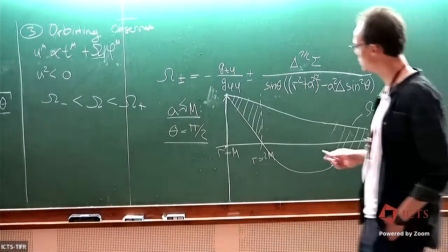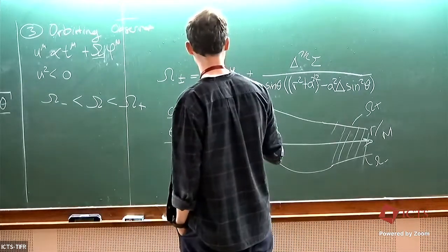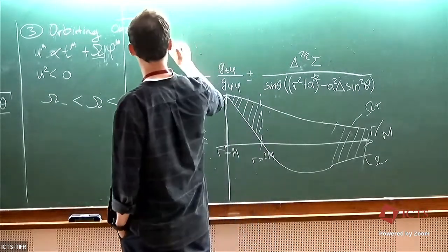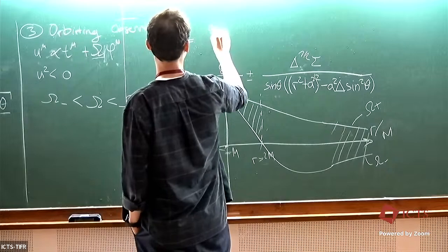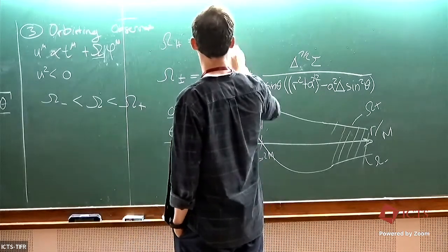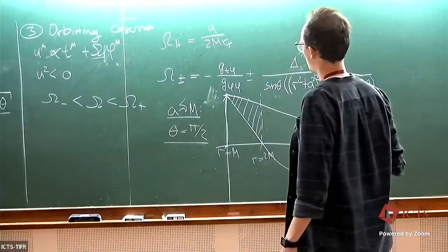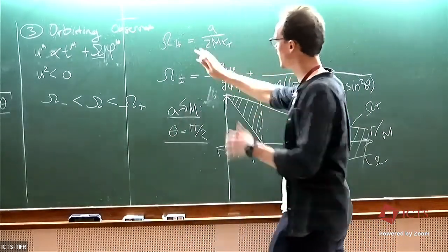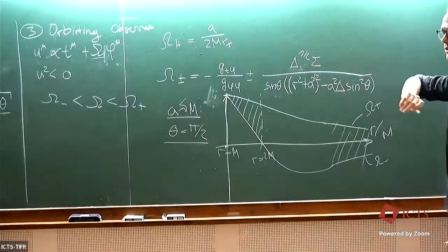It converges to what's called the horizon frequency, omega_H, which is a over 2m r_plus. So on the horizon, omega plus and omega minus take on this value.